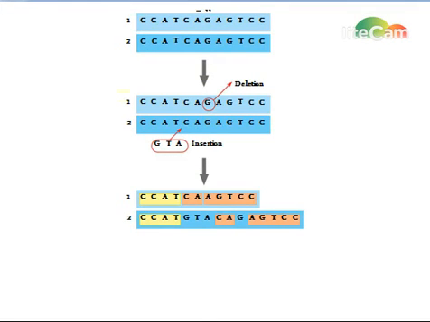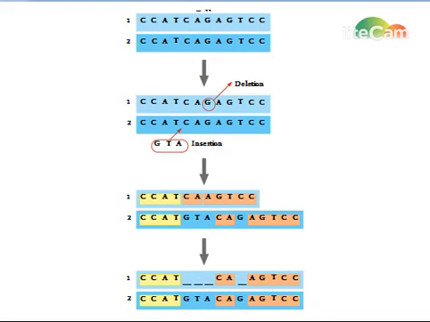So here we show where that deletion has occurred between the A and the G on the first stretch of DNA, and then where the insertion occurred of GTA between the T and the C. So what we end up with is this bottom segment here, where we end up with spaces where things do not line up any longer, whether from a deletion or an insertion.